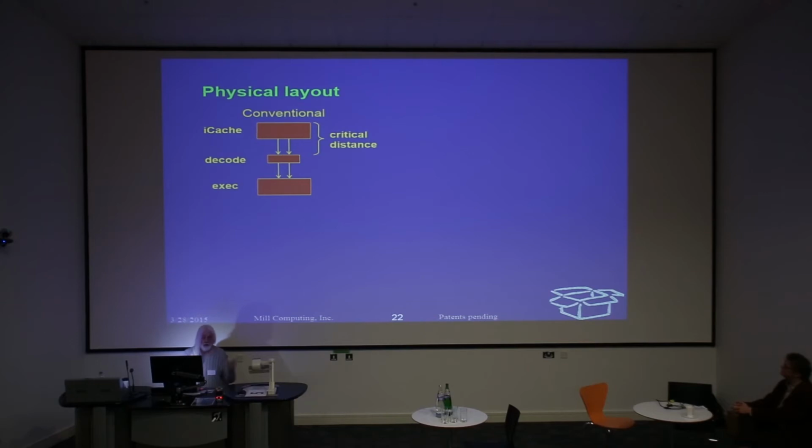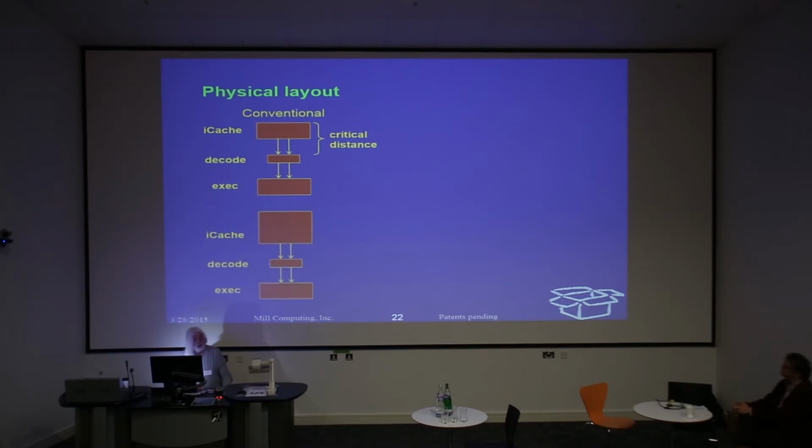There is a critical distance measured in wires from the far side of the instruction cache to the decoder, and that determines what your fetch rate is going to be and what your branch miss penalty is going to be, and a number of other factors. So that distance is architecturally critical at the circuit level.